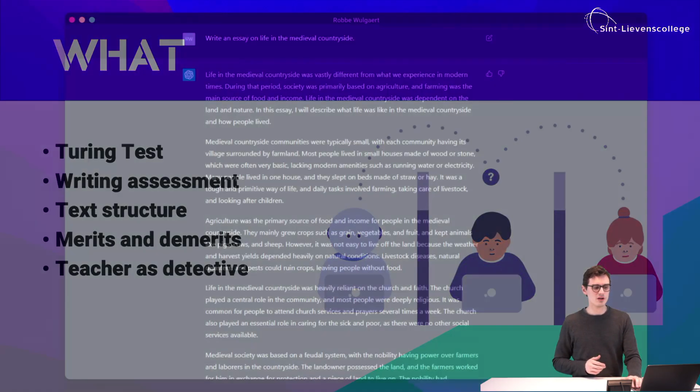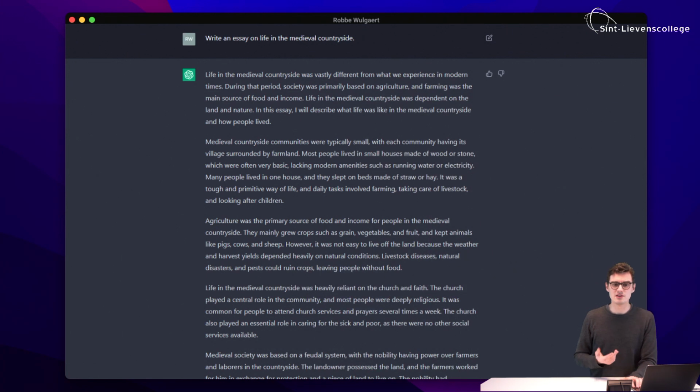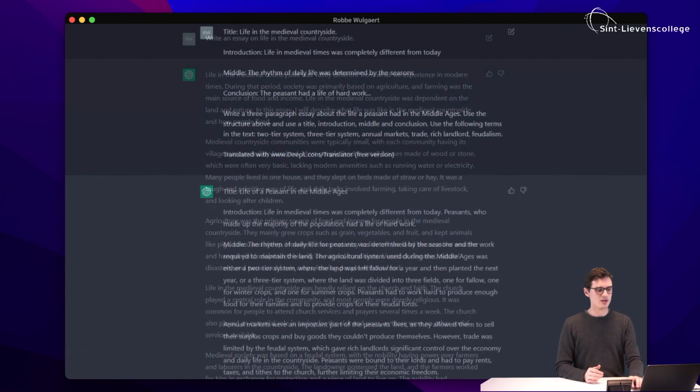What teachers fear is that the students will just type in a text, write me an essay about medieval Europe, and the ChatGPT machine answers the test, and the student copy pastes the essay, hands it in, and gets points.